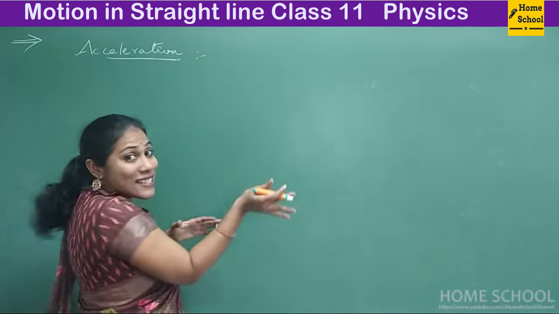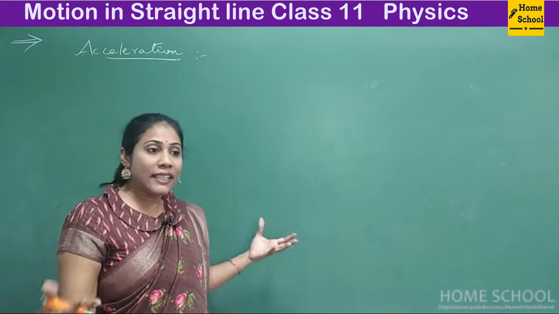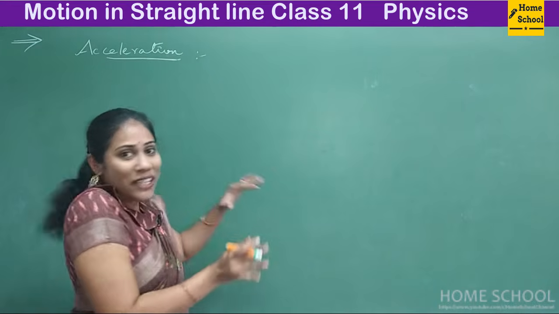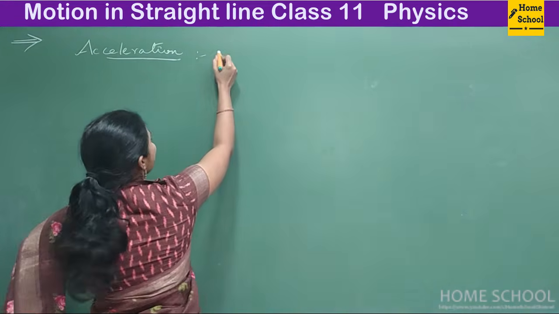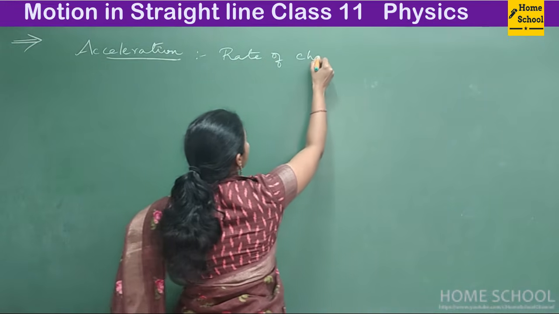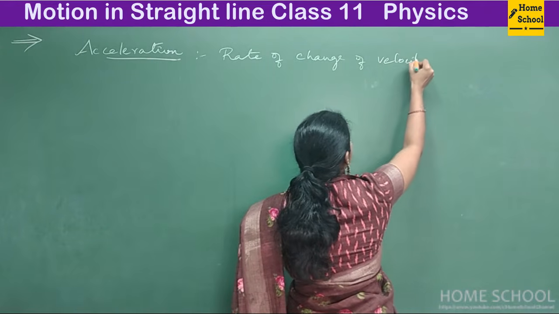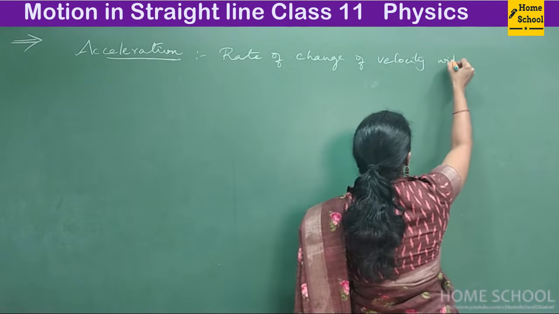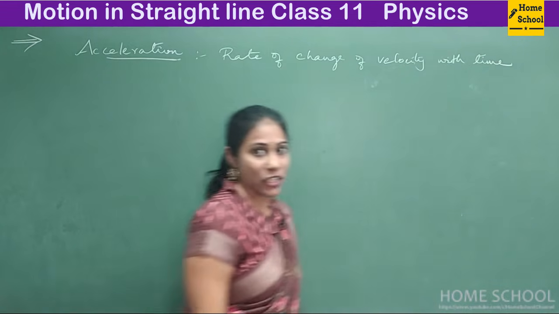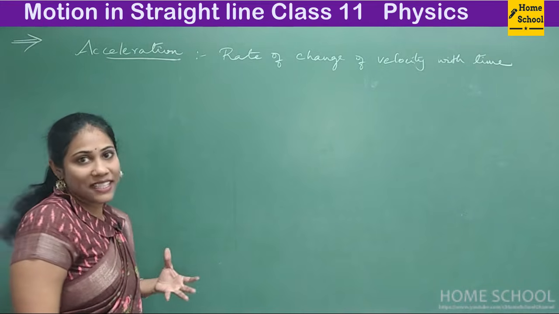Okay, so this is how we define acceleration, but I can tell you practically what exactly we mean by it, right? So first let me define this. It is nothing but the rate of change of velocity with time, and that is called acceleration. So we can derive an equation for acceleration.